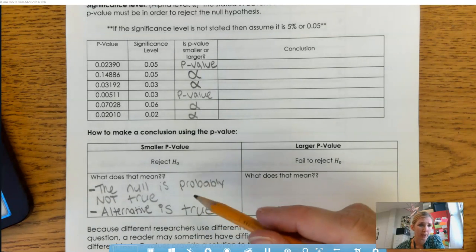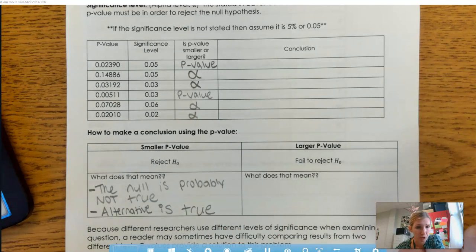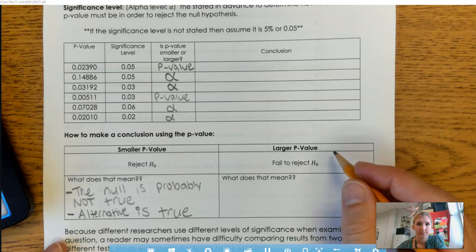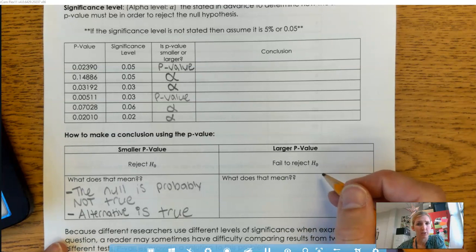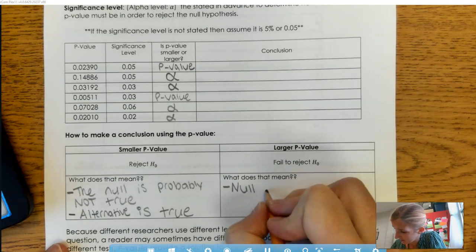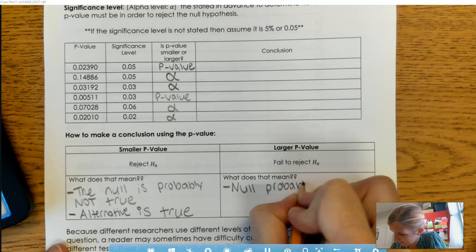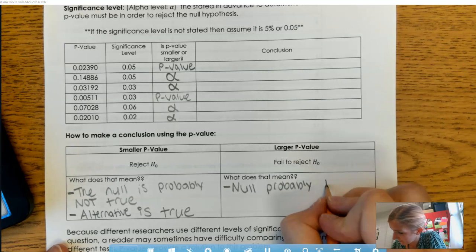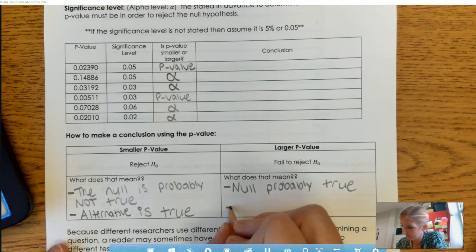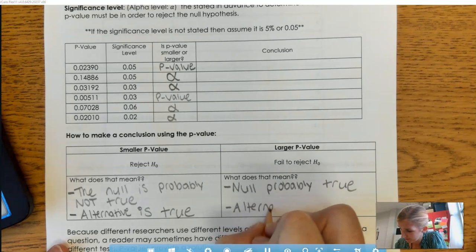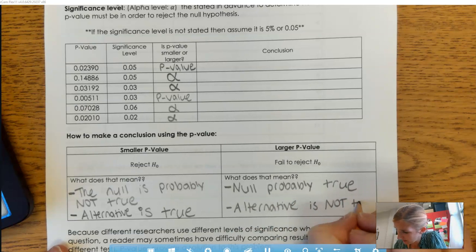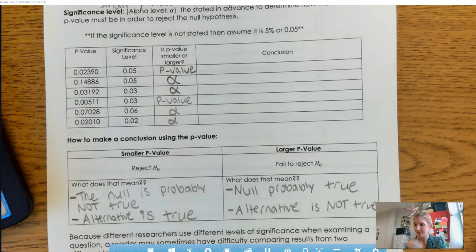So if the null is probably not true, then the alternative is probably true. All right, if we fail to reject the null, what does that mean? That means the null is probably true, and the alternative is not true.